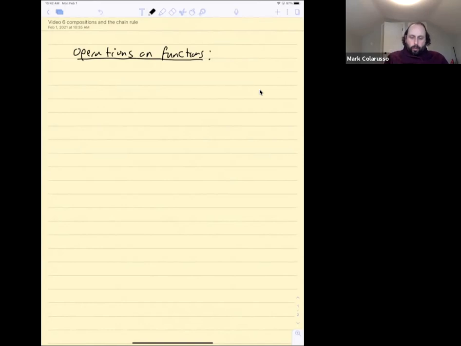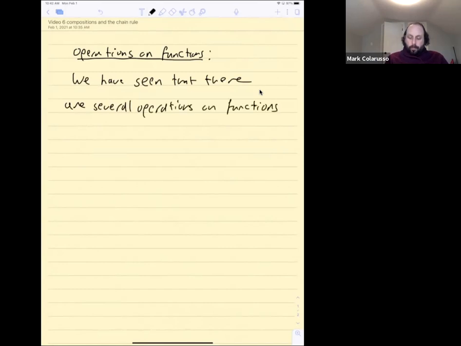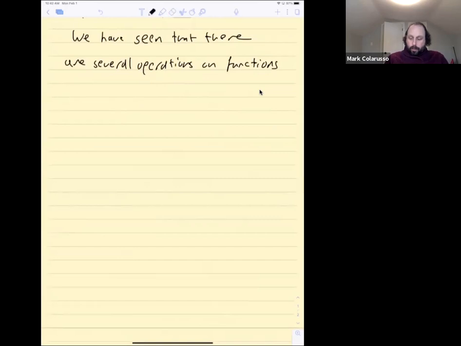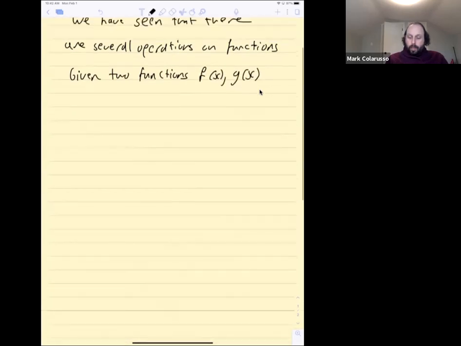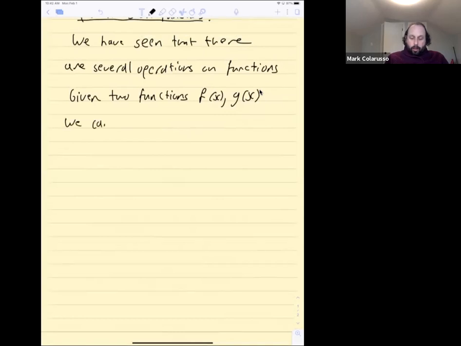Okay, so where are we at right now? We have seen that there are several operations we can do on functions. So given two functions f at x, g at x, we can do the following.